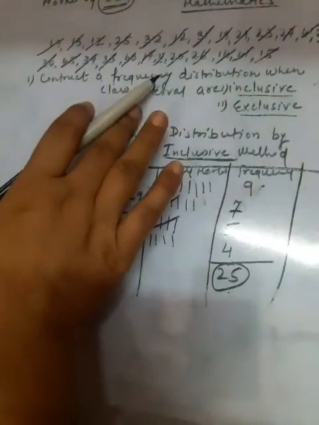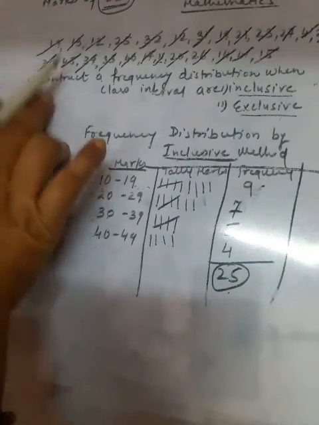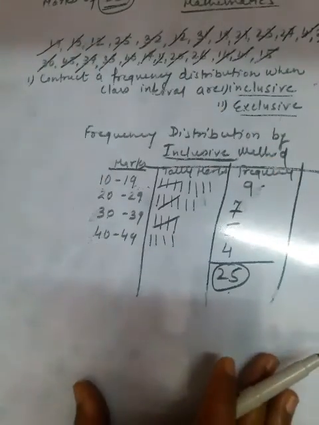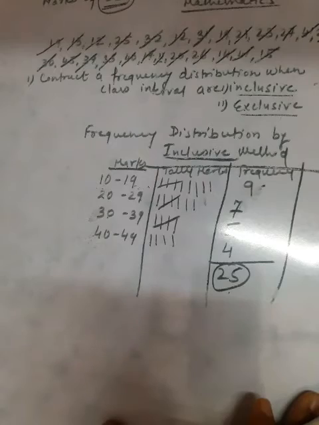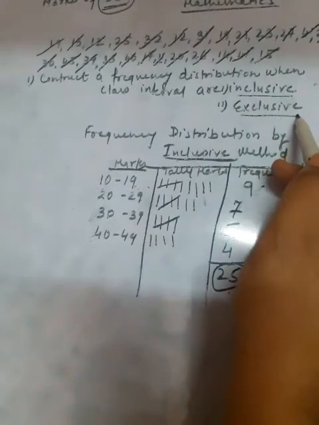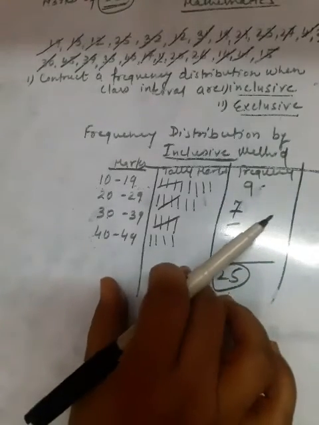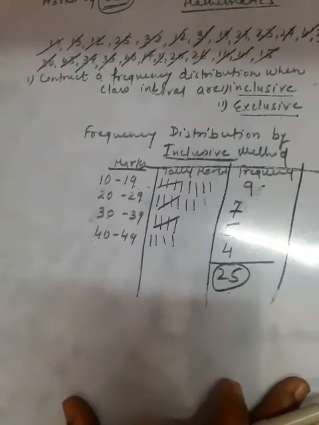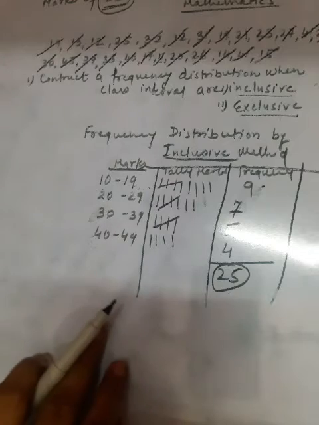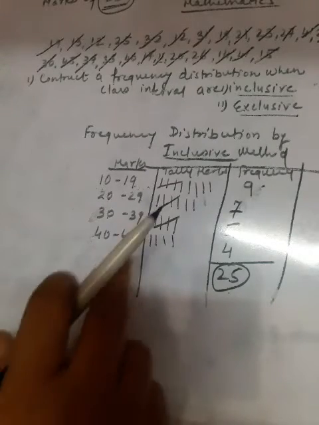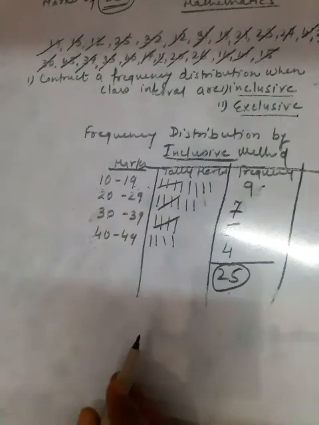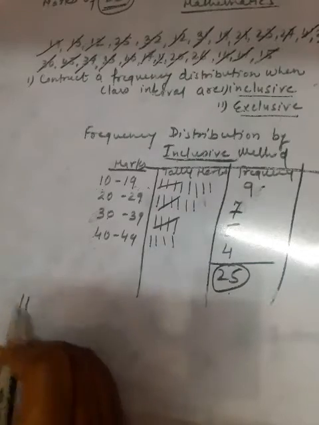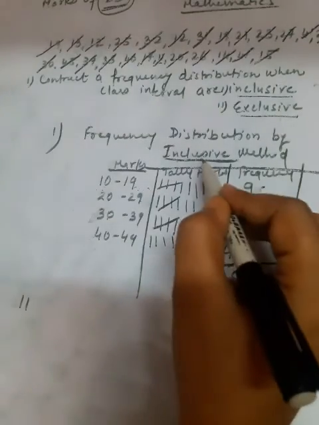If we have the same raw data and the question asks to convert the raw data by the exclusive method, then we will convert it the same way. This was the inclusive method.